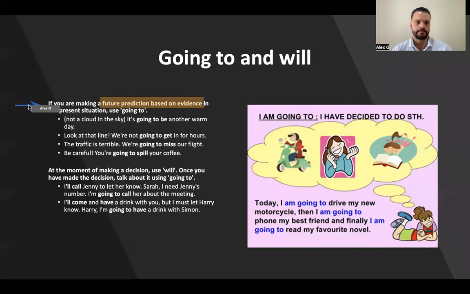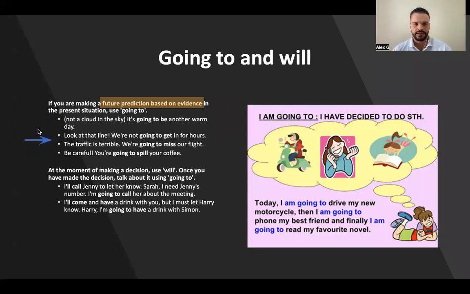For example, not a cloud in the sky. It's going to be another warm day. Look at that line. We're not going to get in for hours. The traffic is terrible. We're going to miss our flight. Be careful. You're going to spill your coffee.